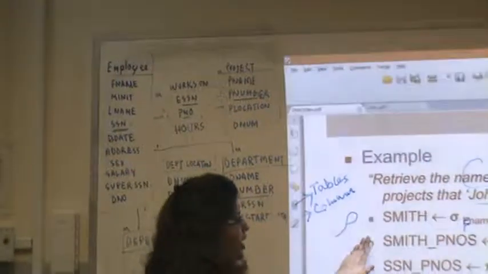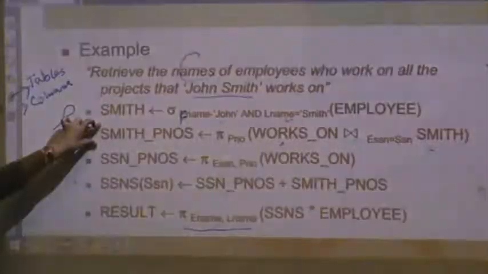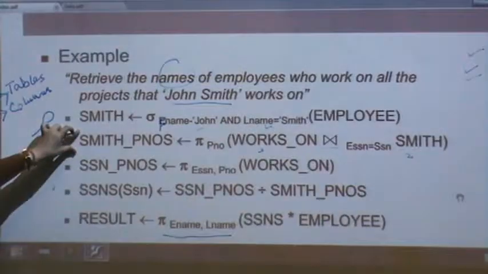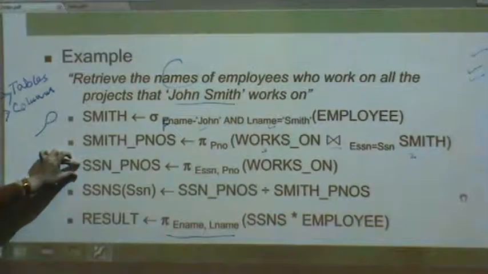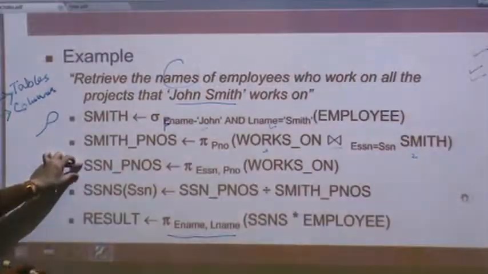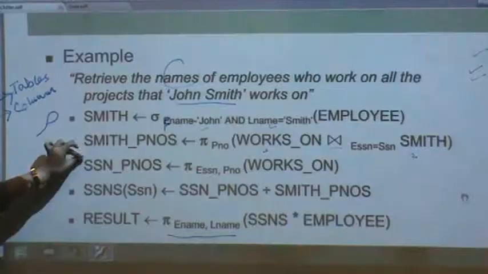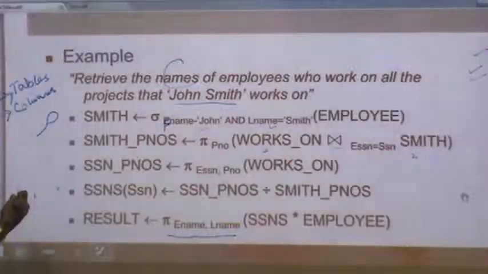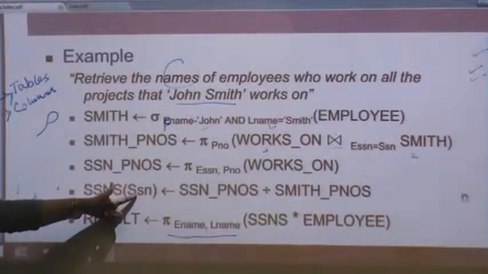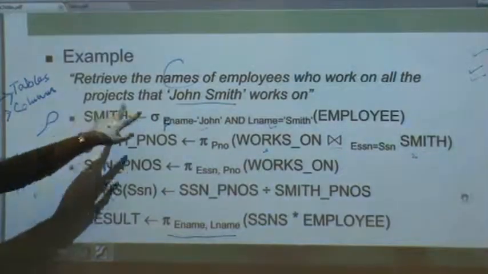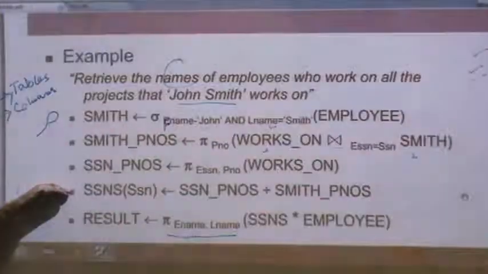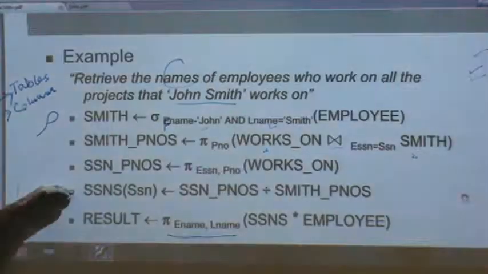So now I have only the project number and employee SSN and hours for Smith, and here I have all of their social security numbers and project numbers. Then if I do the division, I can have only the SSN of the persons who work on all the projects that John Smith works on.